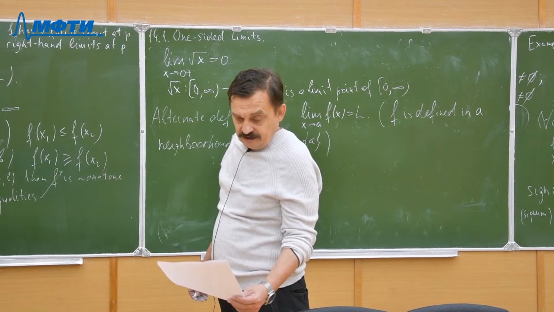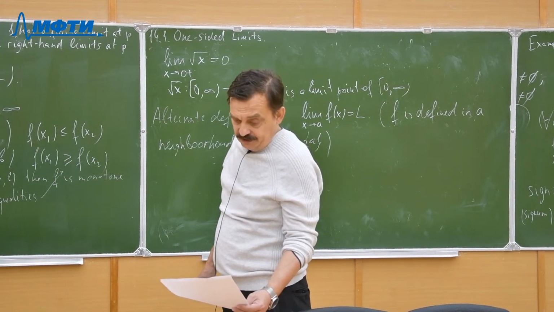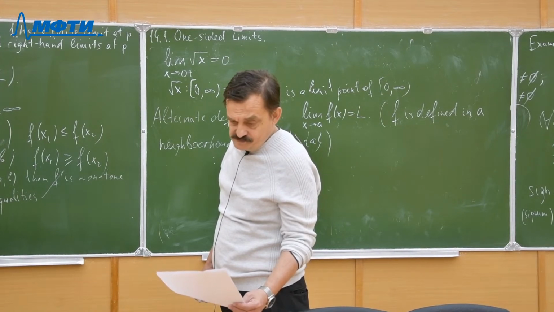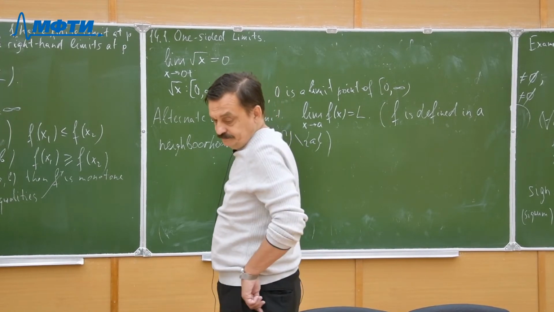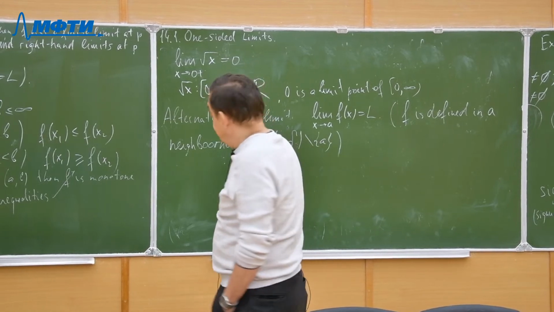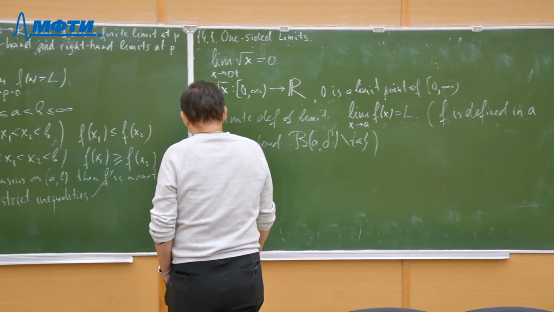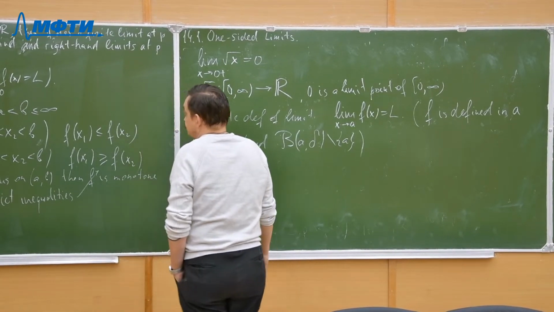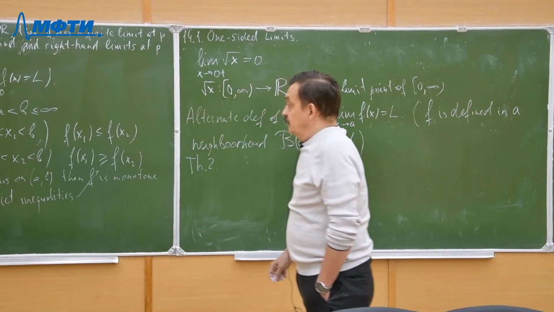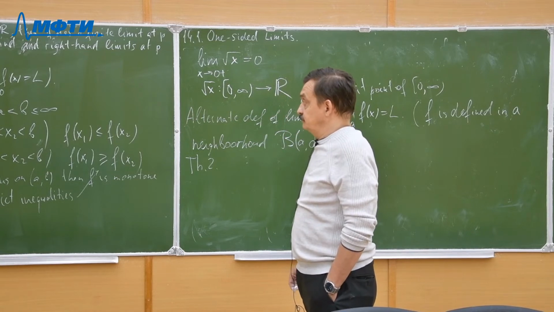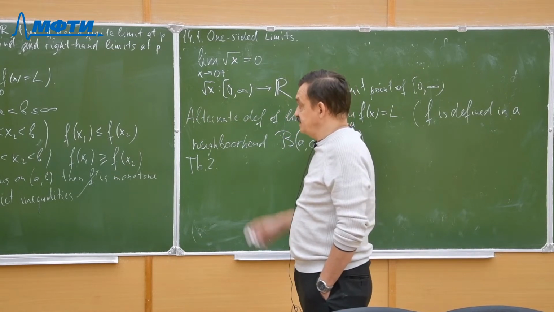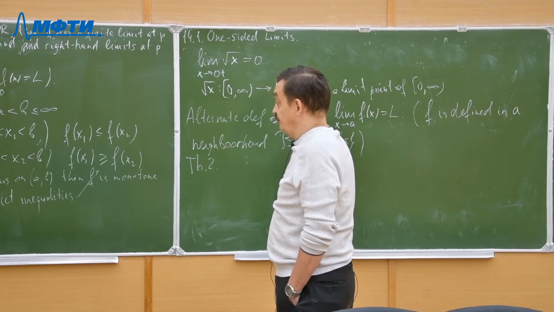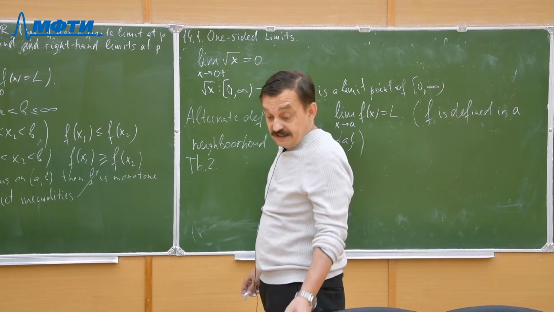Next theorem, it's about some properties and very important theorem, theorem 2. So it says that one-sided limits of a monotone function exist.